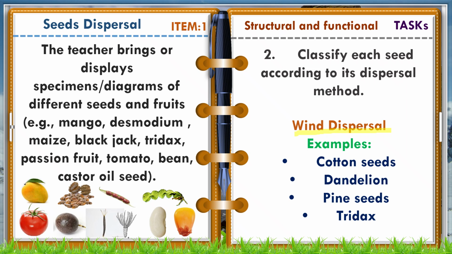We have cotton seed, dandelion, pine seed, and maize. Those are dispersed by wind. Like for example, here we have maize, which has got pampas of air. That one is dispersed by wind.